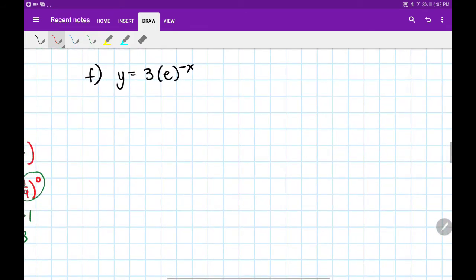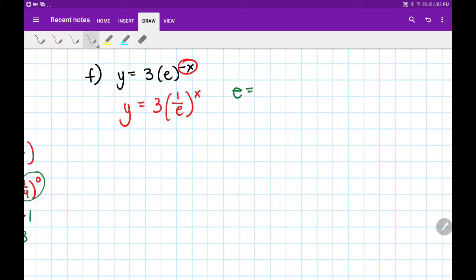Now for F. Growth or decay? Before we answer that question, we've got to rewrite this. 3 times, so instead of e, we really have a base of 1 over e to the x. So you may recall from class, e is just a number like pi.